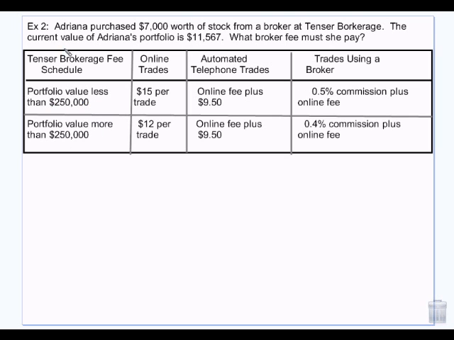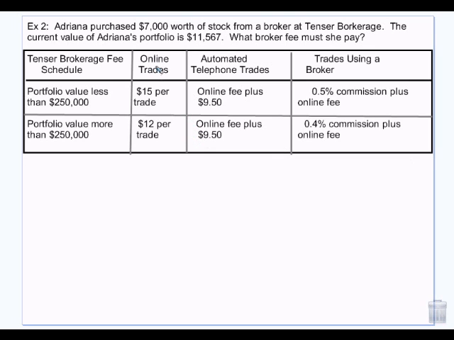If your portfolio is less than $250,000, they're making less money off of you, so they charge a higher commission and higher fees. If your portfolio is more than $250,000, they're going to make more money off of you, so they charge a little bit lower. It's a way to encourage you to give them more money in your portfolio.